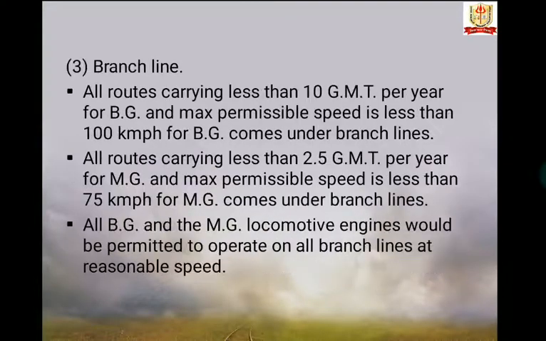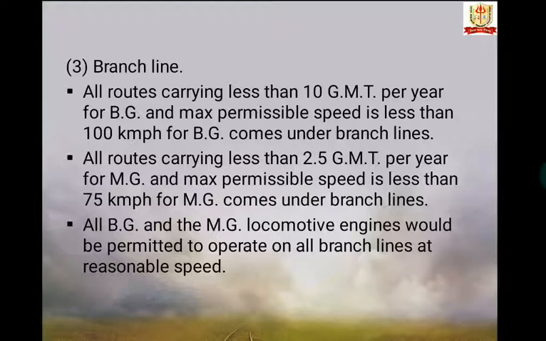Next, third, branch line. All routes carrying less than 10 gross million tonnes per year for broad gauge and maximum permissible speed less than 100 km per hour for broad gauge come under branch line. And all lines carrying less than 2.5 gross million tonnes per year for meter gauge and maximum permissible speed less than 75 km per hour for meter gauge come under branch lines.